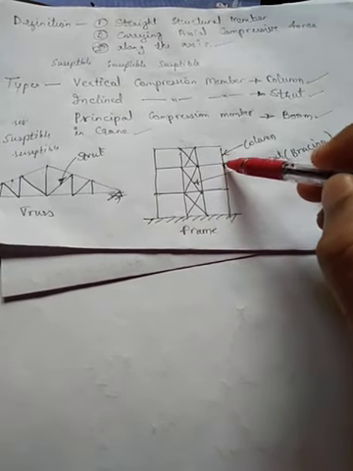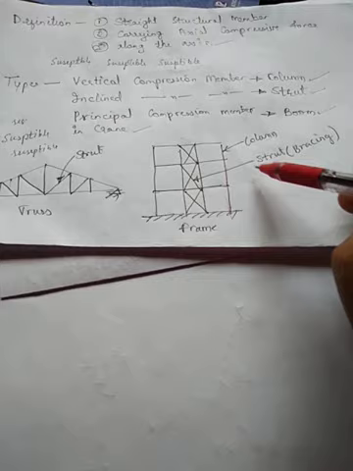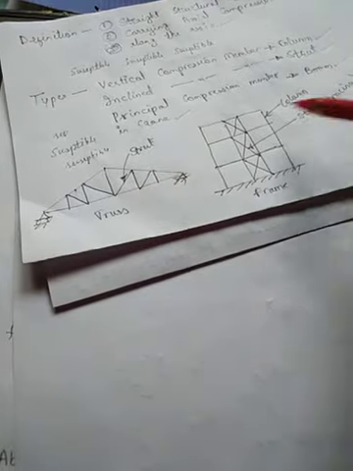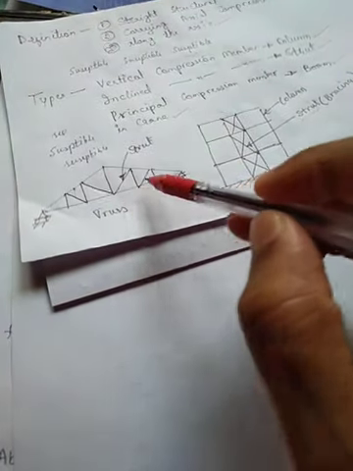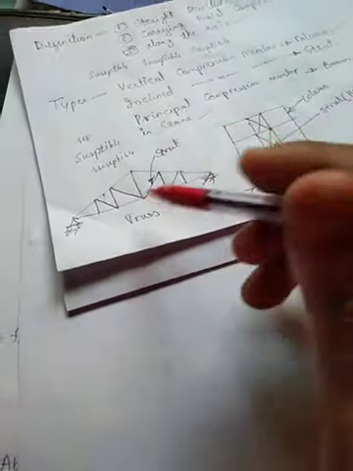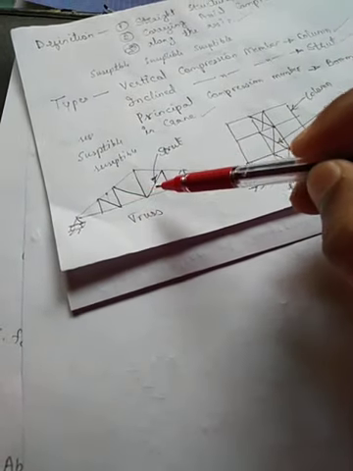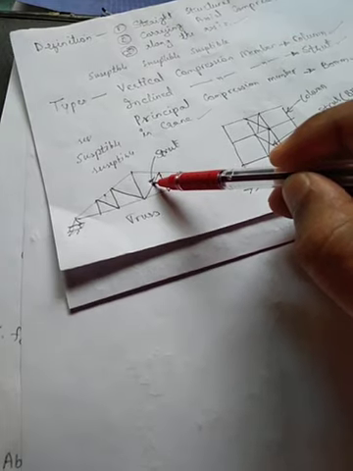So this vertical compression member is a column and these inclined members are strut. And even we find these compression members in roof truss. In this roof truss, this inclined member is called as strut.